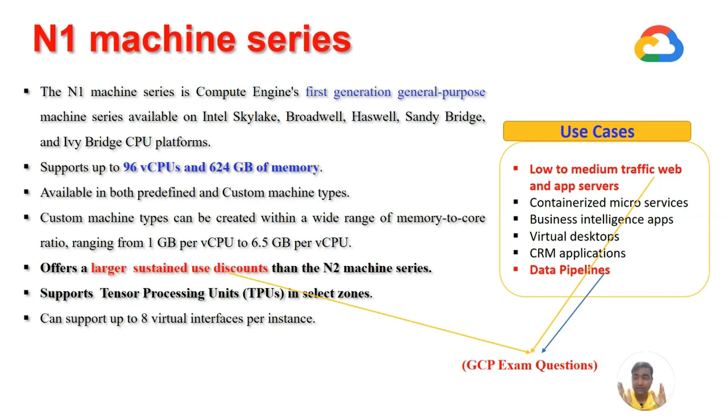And guys, the N1 machine series is available in both predefined and custom virtual machines, and it offers a larger sustained use discount than the N2 machine series. Guys, the N1 machine series is best suited for low to medium traffic web and app servers, virtual desktops, and so much more.